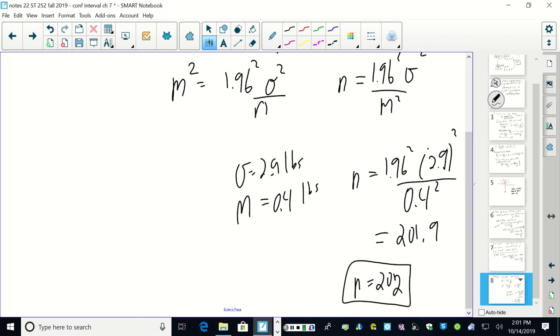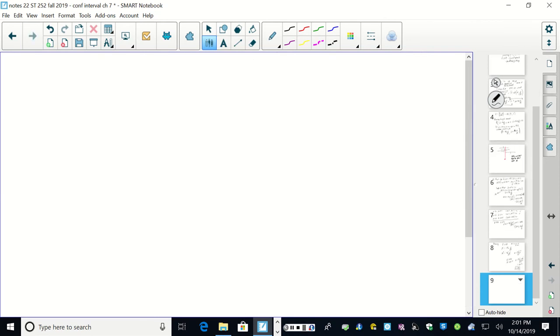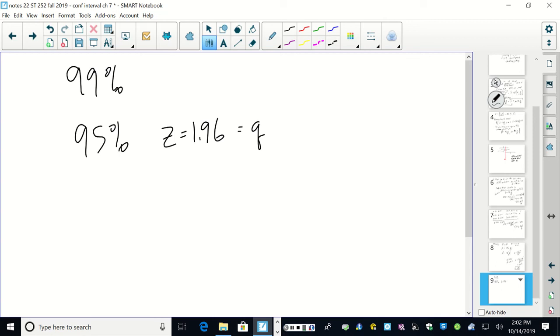You can have 99% coverage. You can have 90% coverage, but there's a price to pay, right? So for 95% confidence intervals, we use the Z cutoff value. The book calls it Q for the quantile associated with the 95%.